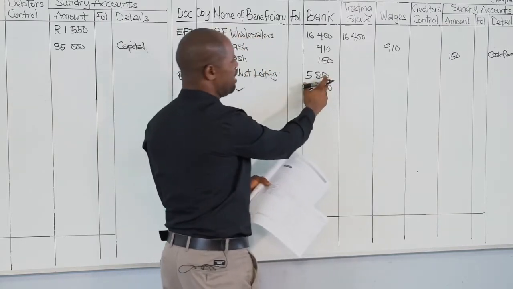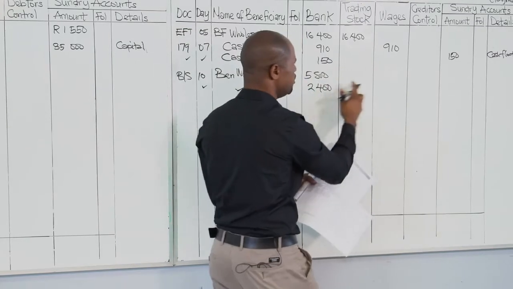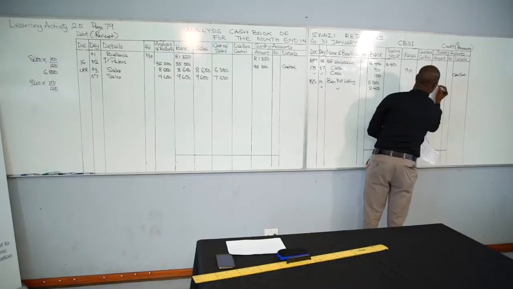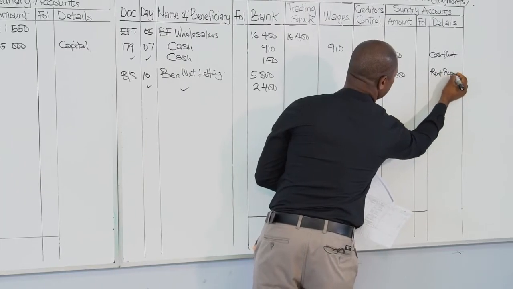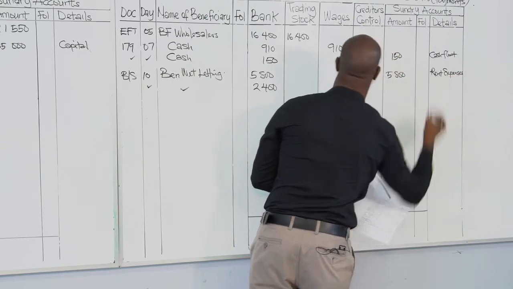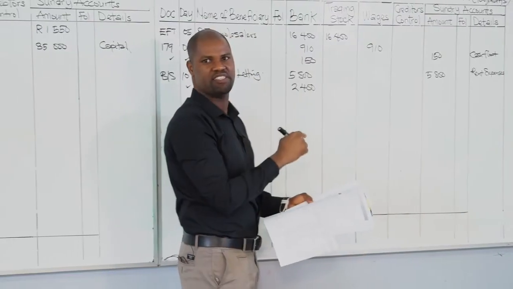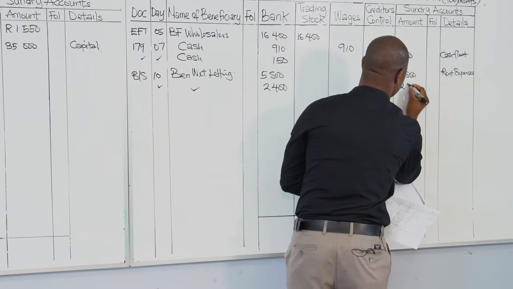The first amount is meant for the store, for the payment of the store rent. So it goes into sundry account as 5,800 as rent expenses. While the second payment is meant for the residence of the owner of the business. So it will be regarded as drawings.